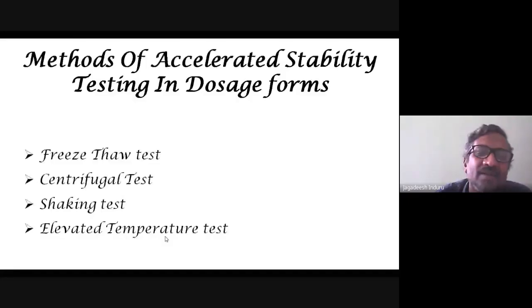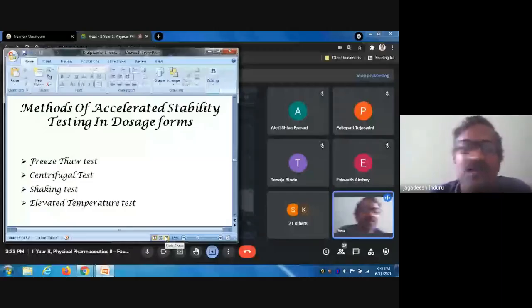And you don't know the data for 25, but you can predict from this data what the degradation is. If you are elevating your temperature, your practical can be completed in 3 hours, but you can get the data for a longer period of time. You need not wait, you can get the data. That is actually what the elevated temperature test is.